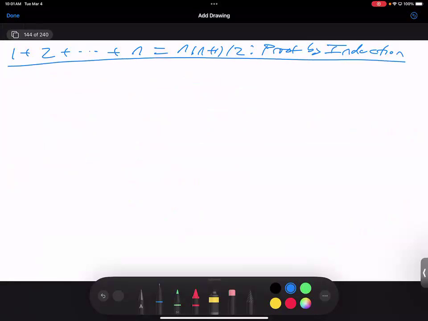The first thing we need is our statement Pn, which is 1 plus 2 plus dot dot dot plus n equals n times n plus 1 over 2. What's the first value of n we want to look at? 1. Or we could start looking at n equals 0. If I want to start looking at n equals 0, what should I start my sum with?